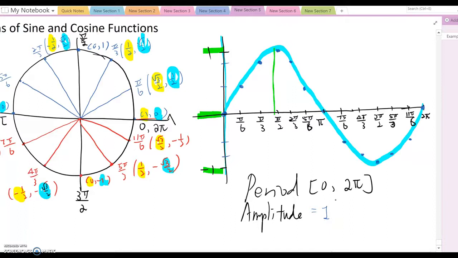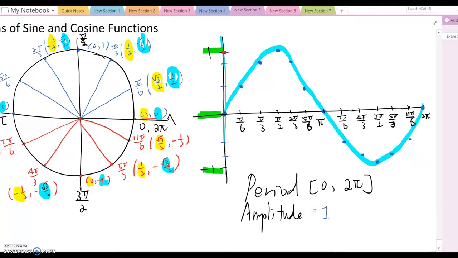All right, then let's talk about the cosine x graph. I just use the same plane graph so you can see a little bit of difference between sine and cosine as well. Cosine means x, right? So I can use just the red one. At the beginning it becomes 1.